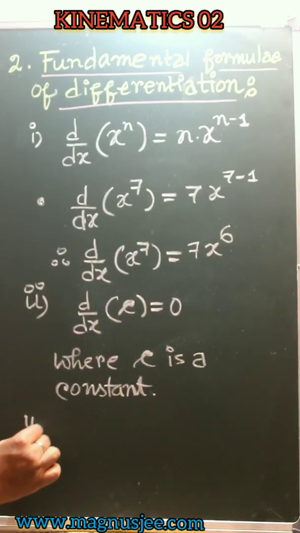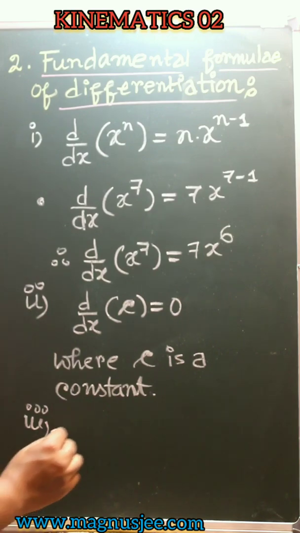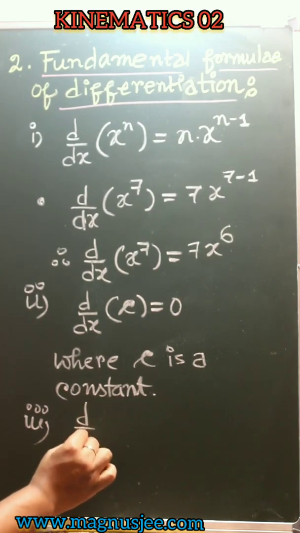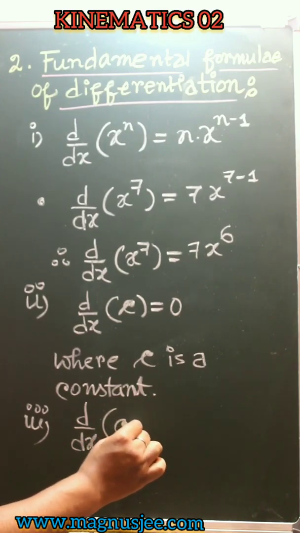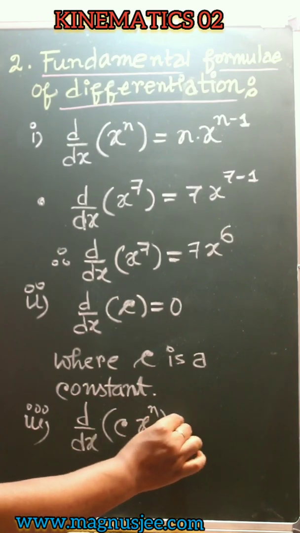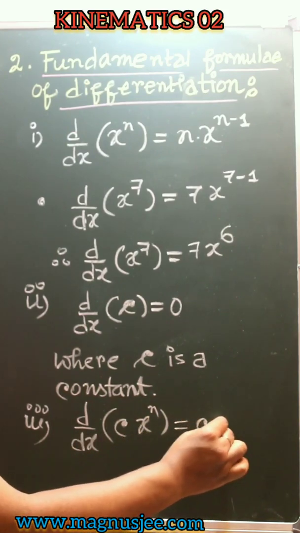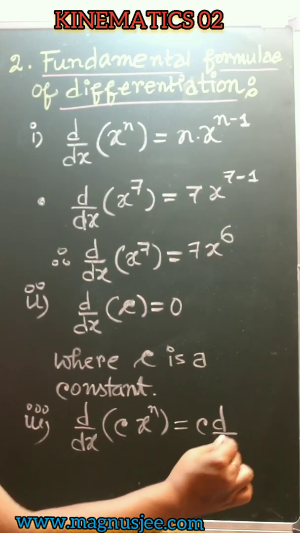Number 3 formula: d by dx means ddx of c dot x to the power n, product of a constant and variable. C is constant and x to the power n is variable. In that case, we can bring c outside ddx operator.